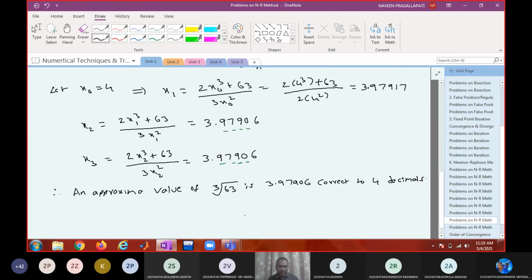What the calculator is showing is 3.9705721, and as you increase the number of decimals it will be like this.